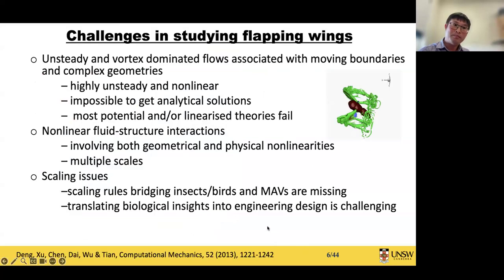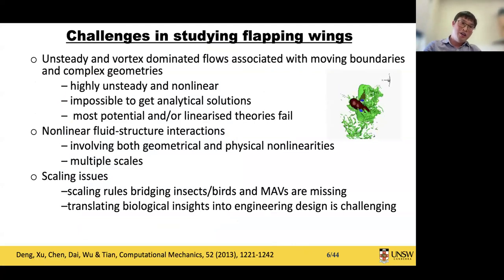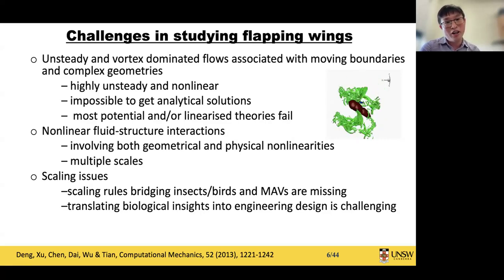Now, when we go to flapping wings, what are the challenges here? The challenges include unsteady and vortex-dominated flows associated with moving boundaries and complex geometries. That's a little bit special for insect-type flight. The flows are highly unsteady and nonlinear, and it's impossible to get analytical solutions for such applications.